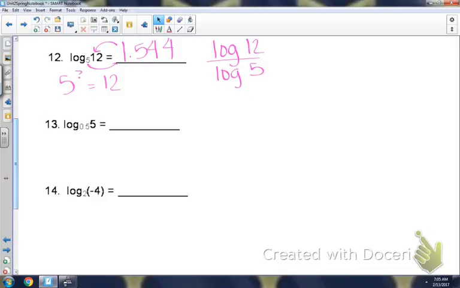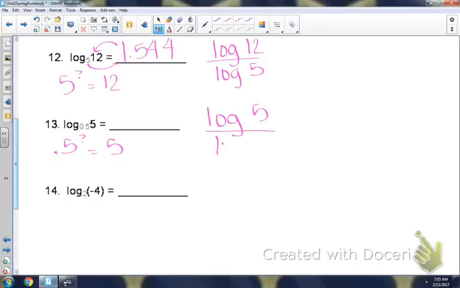Okay, so 13. We have 0.5 to what power gives us 5. So we're going to do log of 5 over log of the original base, which was 0.5.